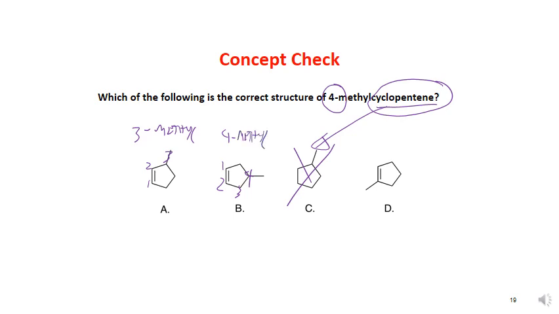And if we counted 1, 2, this is 1-methyl. That's another good thing to do: if you had unlimited time, you could name them all and then circle the one that it has to be. And of course it has to be B. Nice. Moving on.